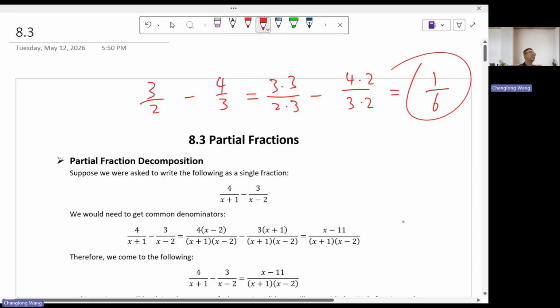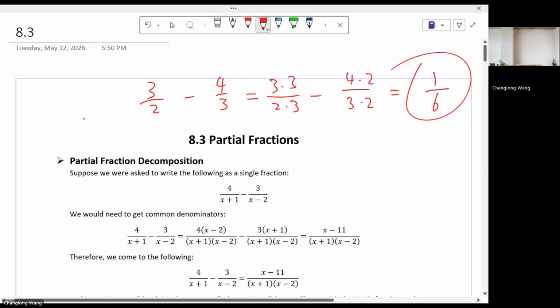And I want you to be able to do that systematically. So you should follow some rule, right, to always find two fractions, even more than two fractions. I want a whole bunch of fractions which add or subtract to give you that single fraction at the end. And that process is called partial fraction decomposition.